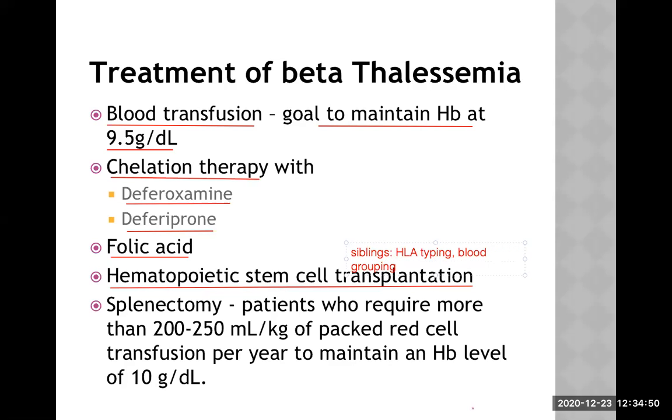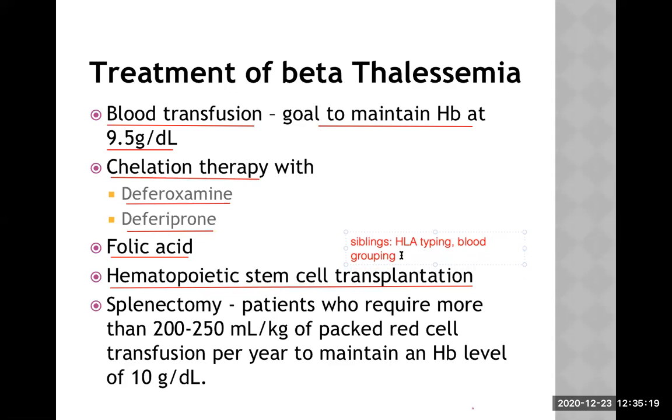Now, among the siblings, there is a 30% chance of matching of the bone marrow. So that's why you usually go for the siblings, and sometimes the chance is even higher than that. But if siblings are not there, then you have to find a donor. You have to do this typing, and whoever is matched, you can give bone marrow from that person. Now, bone marrow transplantation is given just like a blood transfusion.